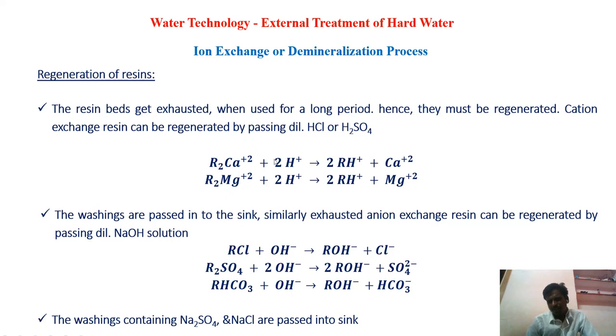For that, we wash the cation exchange column with H plus ions. Then calcium and magnesium are removed from the resin surface, and H plus ions are accommodated on the surface of the resin, so we get RH again. This cation exchange resin is now ready for the ion exchange process a second time.